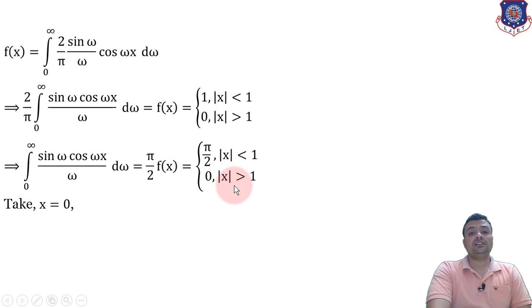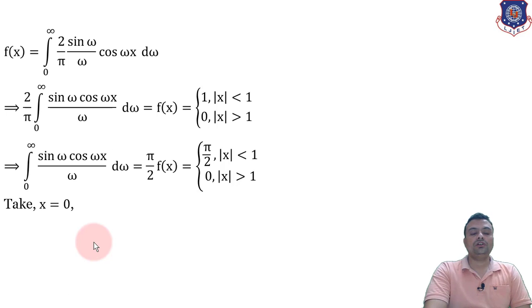But still, there is a point which is missing, and that point will be x equals 1 and minus 1, because these are the points of discontinuity. If you want to find the value at those points, you should take the average of these two at that point.